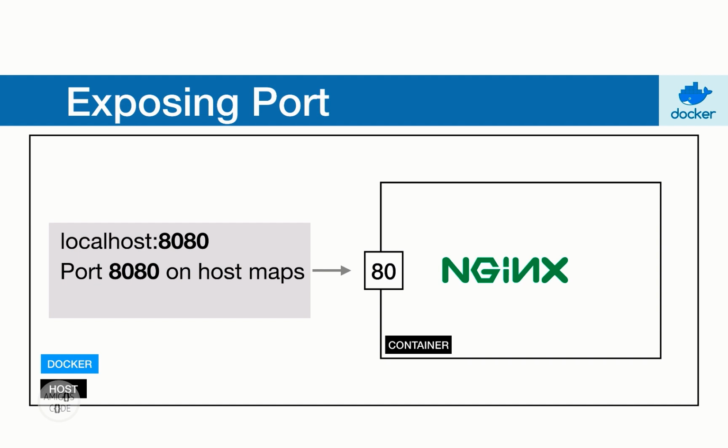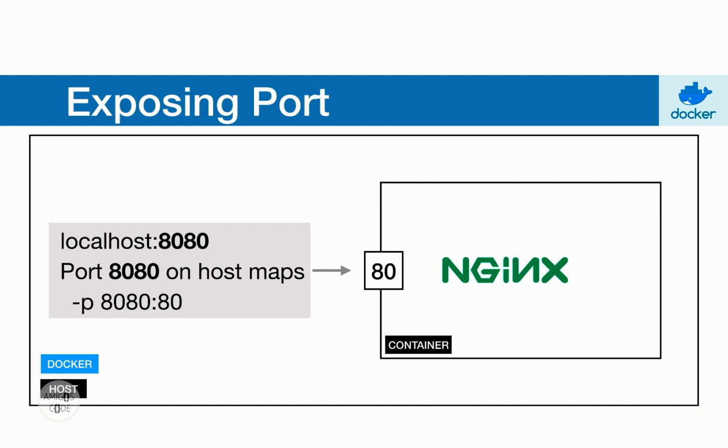So basically we want to go from the host to the container. The way that we achieve this is simply by adding -p before we run the container. So -p 8080 from the host should be mapped to port 80 on the container. And then we'll be able to access the application running from within the container.